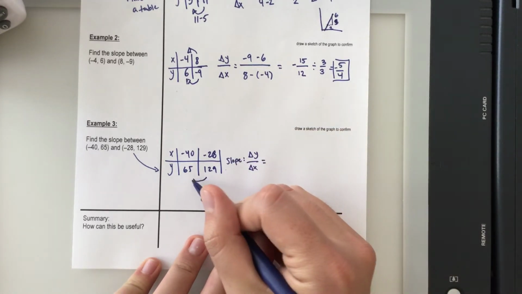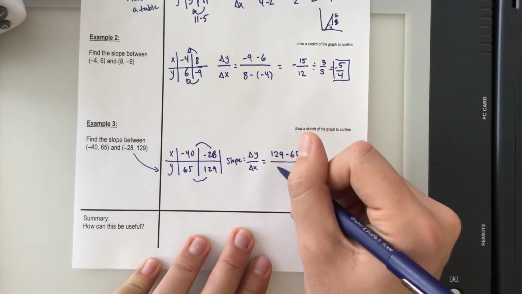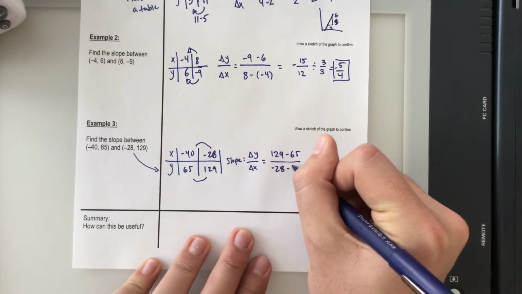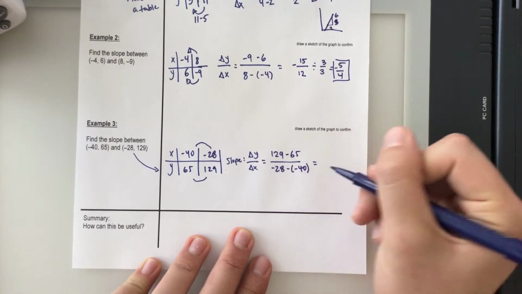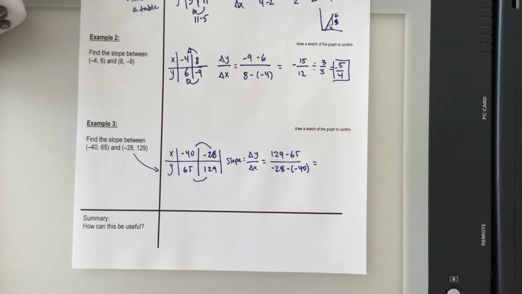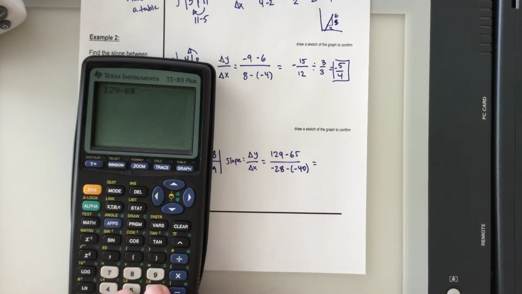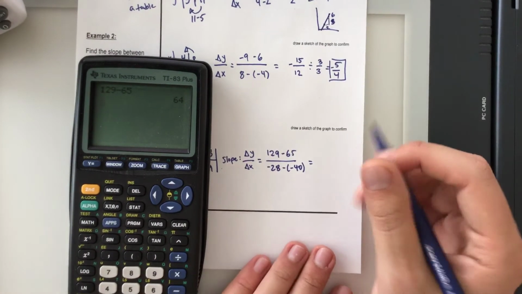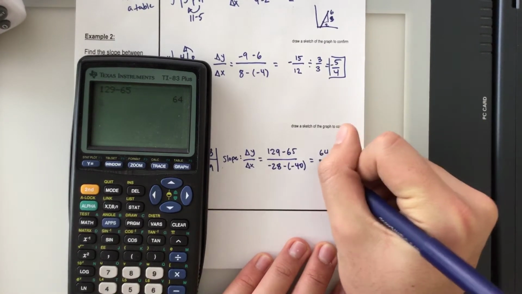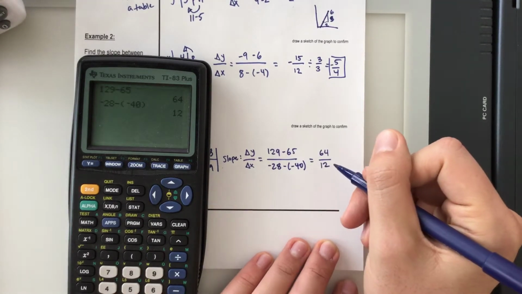So we're going to subtract the y's, 129 minus 65. We're going to subtract our x's, -28 minus -40. I'm going to go ahead and grab my calculator. 129 minus 65 gets us 64. That's our change in y. For the change in x, it's going to be -28 minus -40. That's going to get us positive 12.